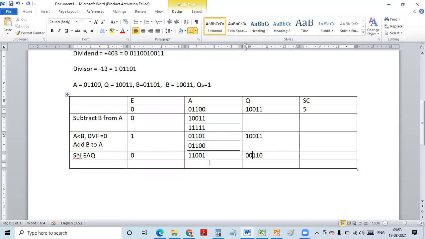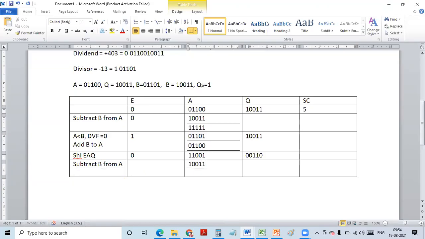Okay. See, after shifting, what is the next operation? Subtraction. Subtraction of B from A. So it is nothing but adding minus B to A. How can you perform subtraction? Adding minus B to A. Minus B is 10011.